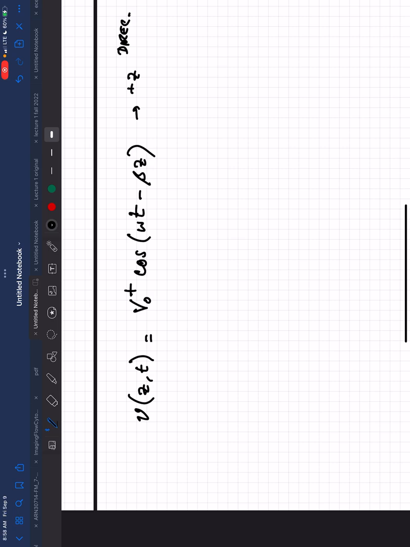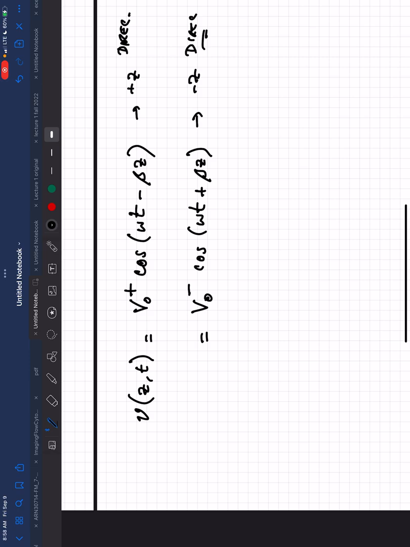That's a possible solution. Another possible solution is V0 minus cos of omega t plus beta z, and this is the minus z going direction.